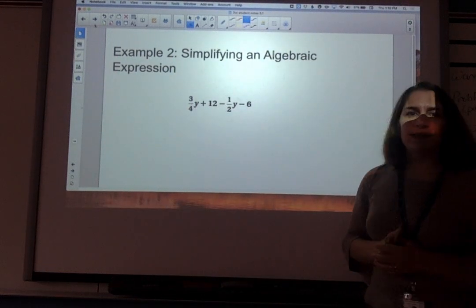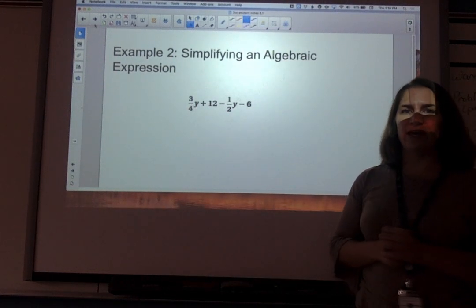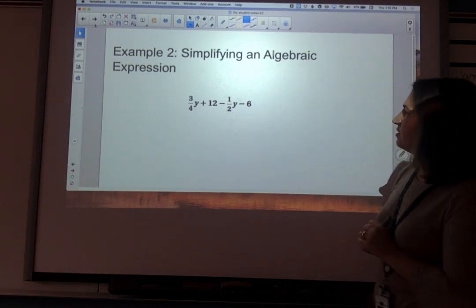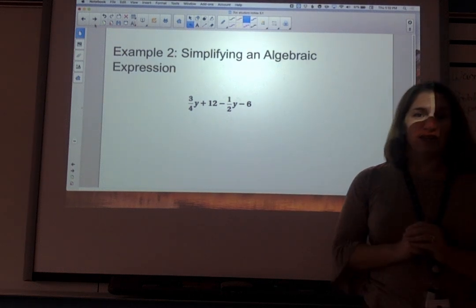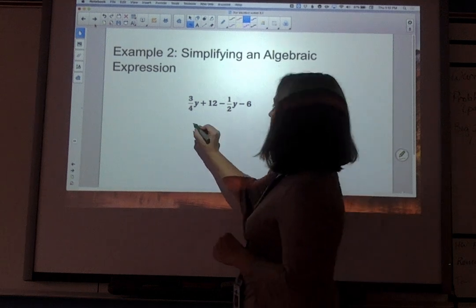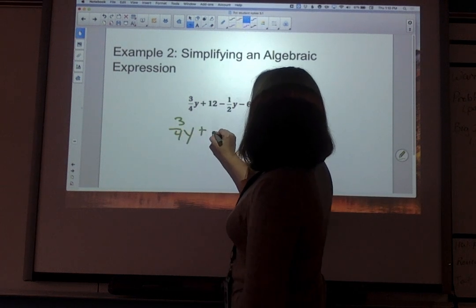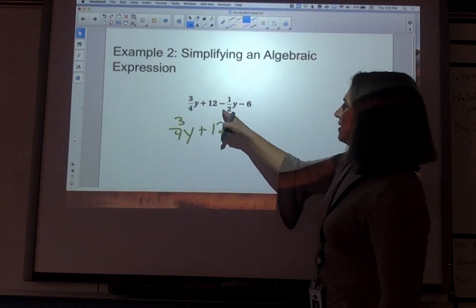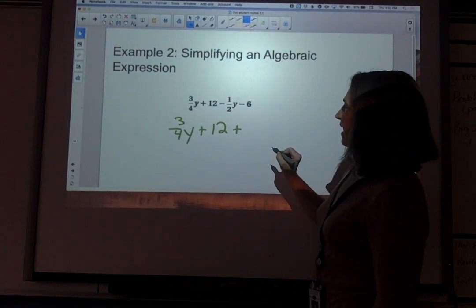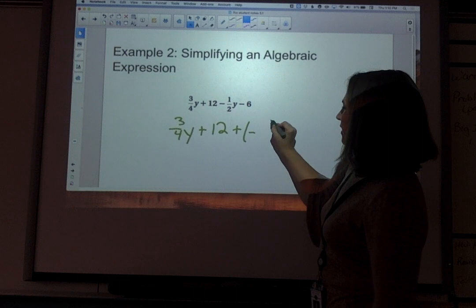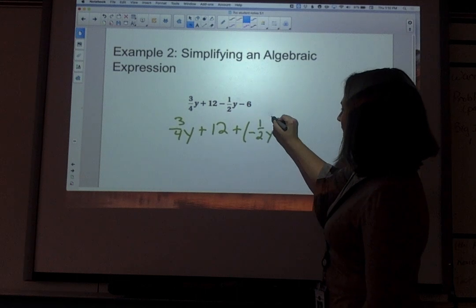Let's look at our next example. We're going to simplify an algebraic expression. So I'm going to start again by writing this as a sum of terms. I have 3/4 y plus 12, and instead of subtraction, I'm going to change this to adding the opposite, so negative 1/2 y.